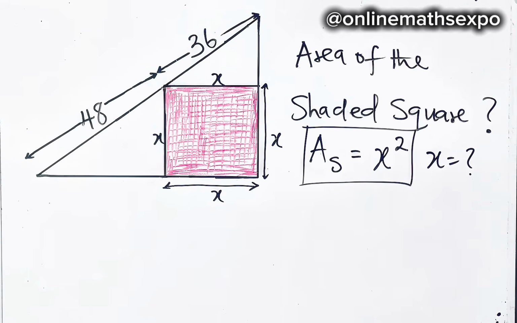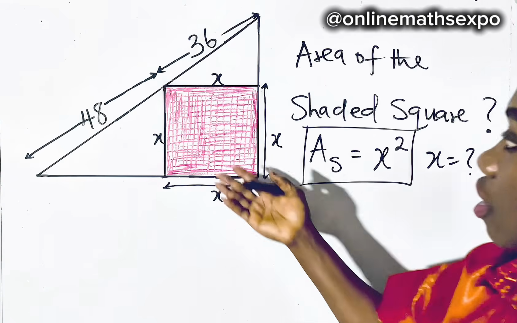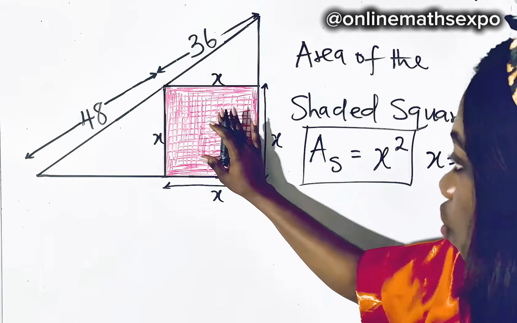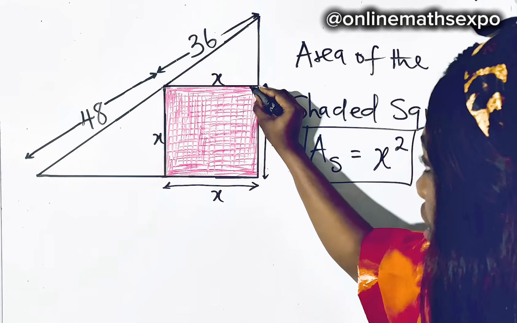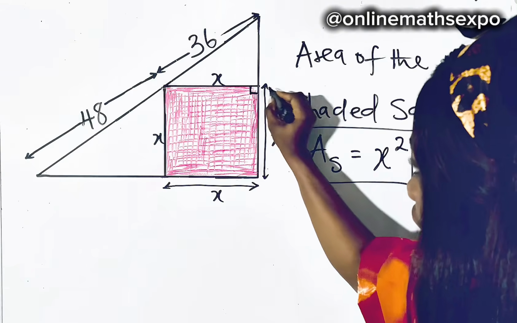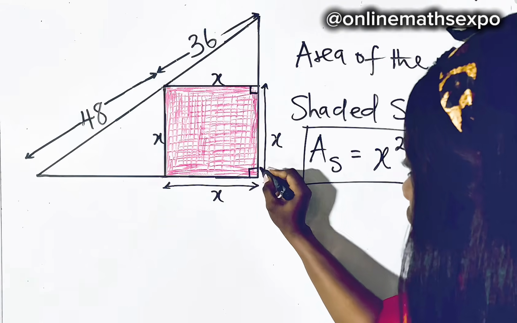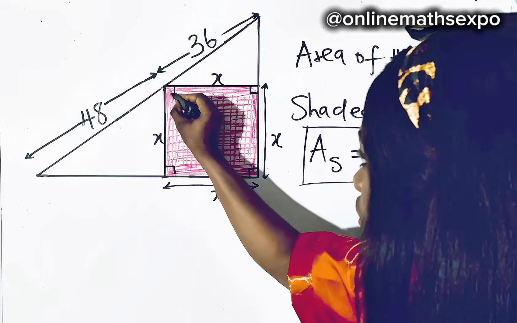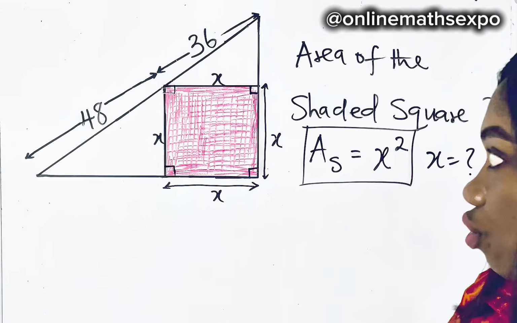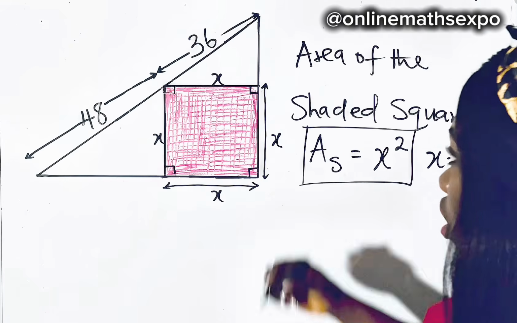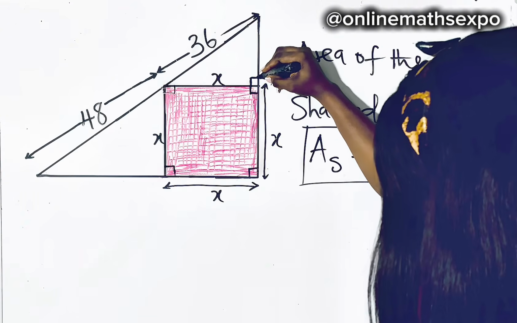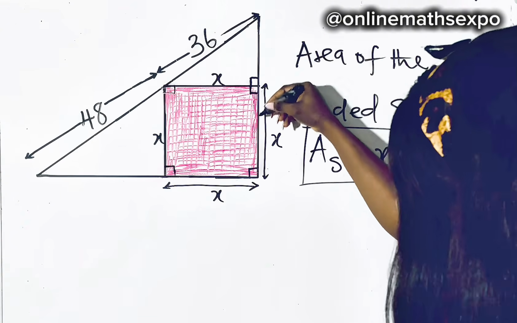Now what we should do here is, if you look at this diagram critically, you will see that since this is a square, this has made angle 90 here, and this also right angles here. It's right angles at this point, and also right angles here. Now what would this do to us? If this is 90, it means that this remaining angle here is going to be a right angle, because you see that this is a straight line.